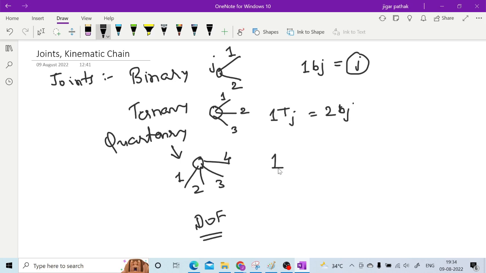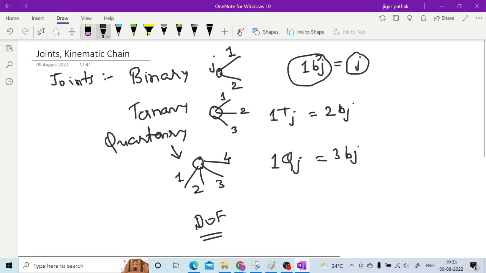And whenever you are having any quaternary joint, then that will be equal to three binary joints. While calculating degree of freedom we will consider the number of binary joints only. So if at that time you are having any ternary or quaternary joint, you have to convert it into binary joints, right? So this is how you are having your different types of joints, right?